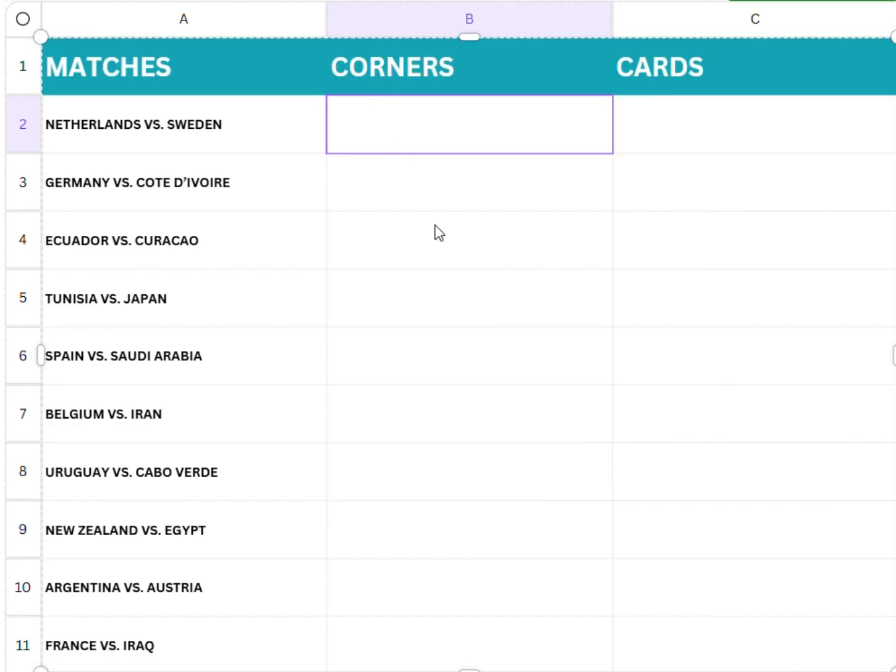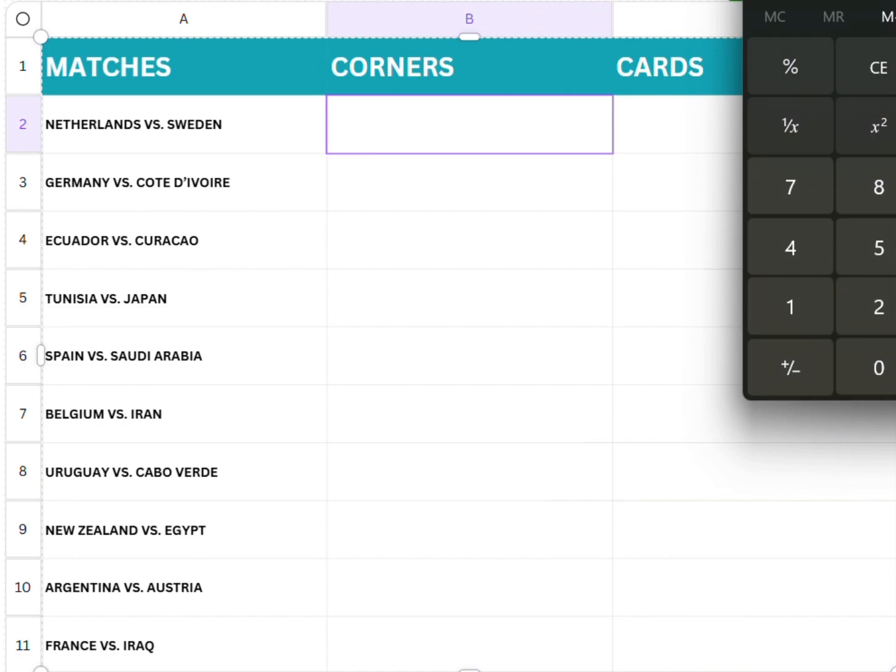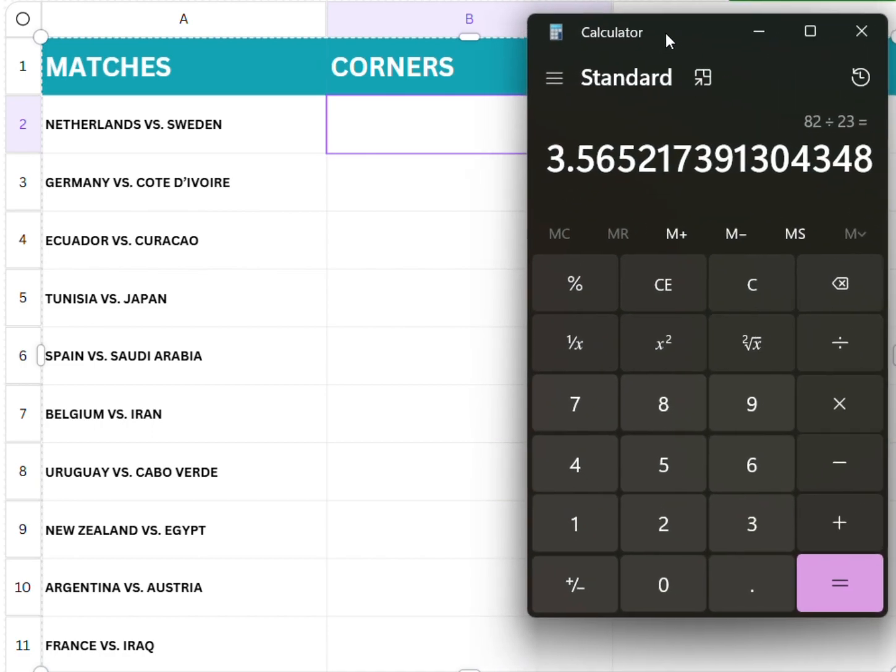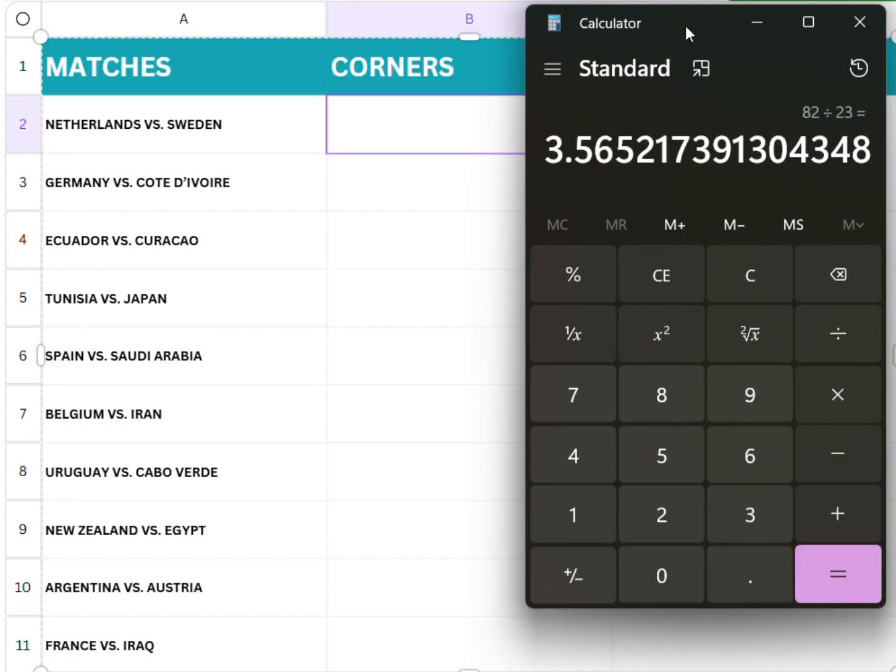For Netherlands versus Sweden, the average of the total corners Netherlands play per match, using data from 2010 till the last match that they played, even in this 2026, is 4.3, and the average that Sweden as a team played in total is 4.8.